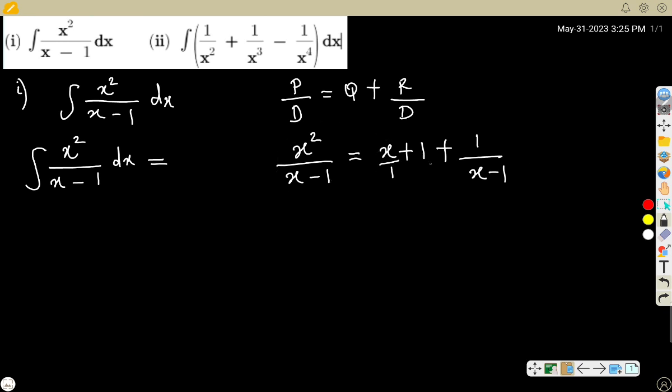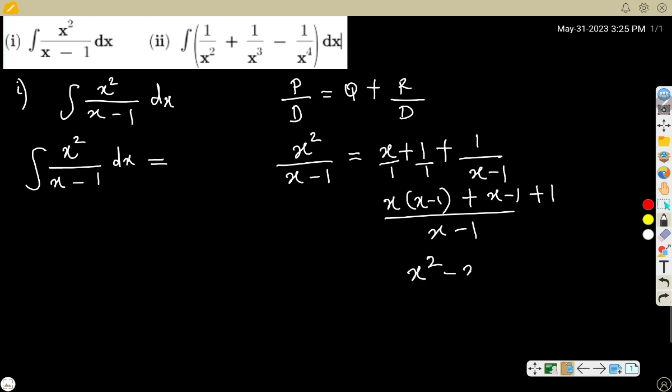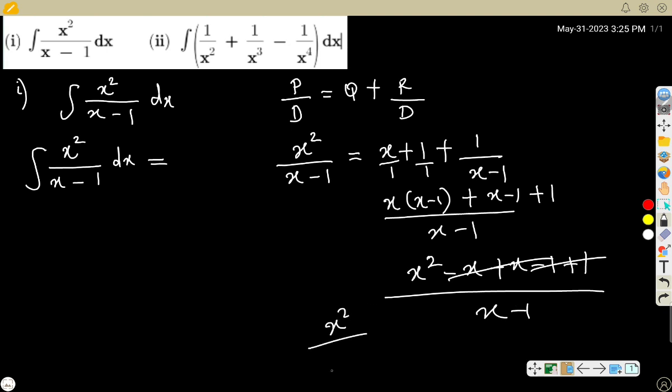If you put over 1 here, you will see that the LCM is x minus 1. So we have x minus 1 times x plus 1, plus 1. Expand the top: x squared minus x plus x minus 1 plus 1 over x minus 1. Do you see everything here cancels? It will remain x squared over x minus 1. So that is how we get that.